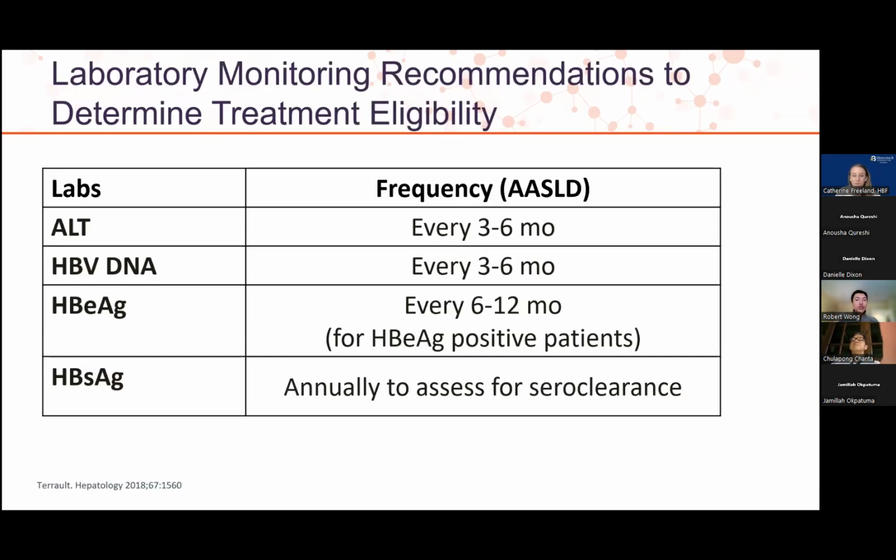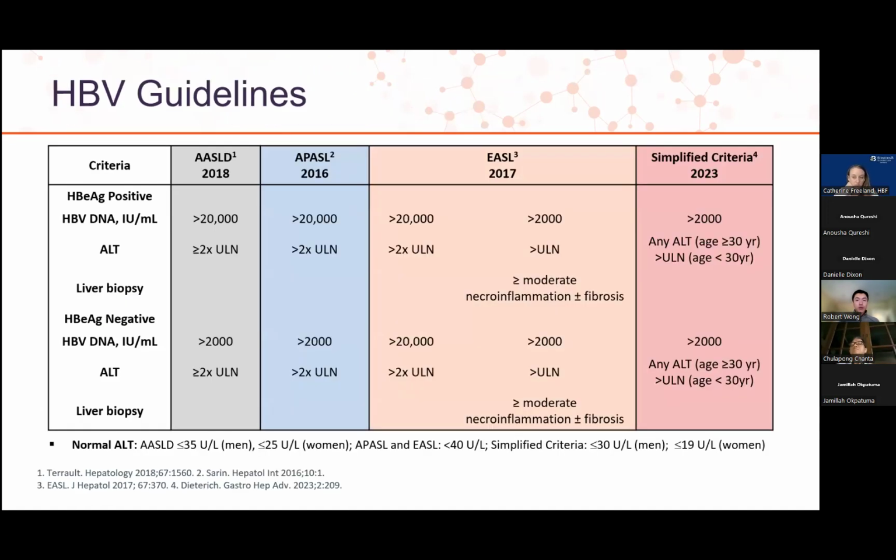In patients not on treatment, AASLD generally recommends monitoring labs and e-antigen to assess for treatment eligibility based on the parameters we're going to see on the next slide. You can see here it's a bit complicated. I put up the three major society guidelines: AASLD, APASL, which is the Asian Pacific Association, and EASL.